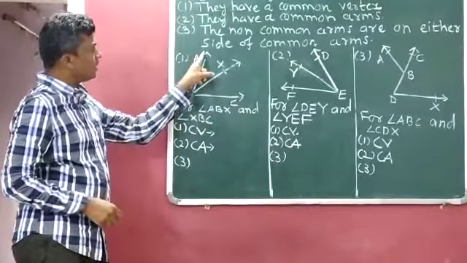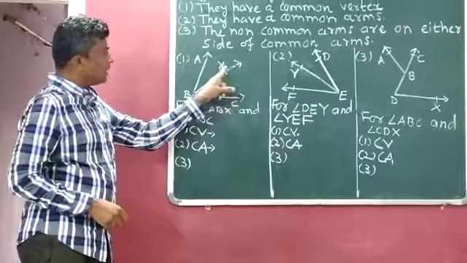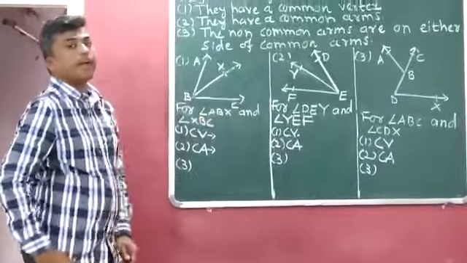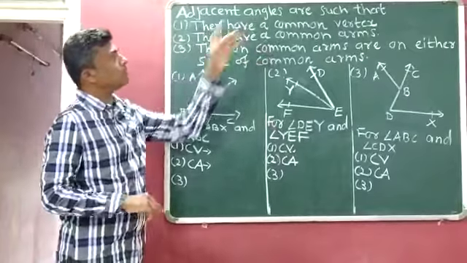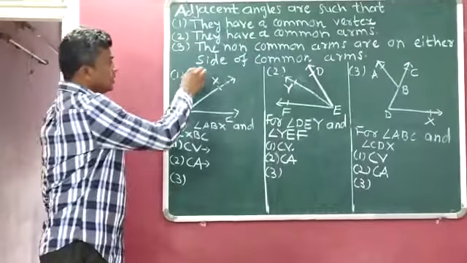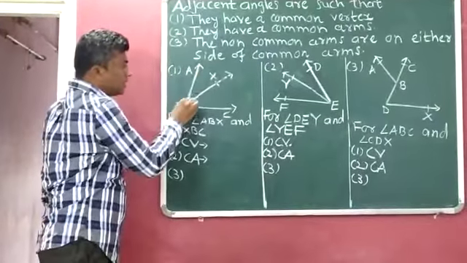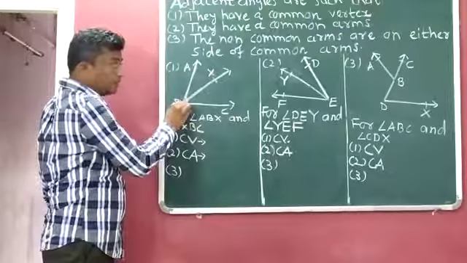Now we will check whether angle ABX and angle XBC are adjacent angles or not. So first condition, they have a common vertex. See, in angle ABX, point B came.